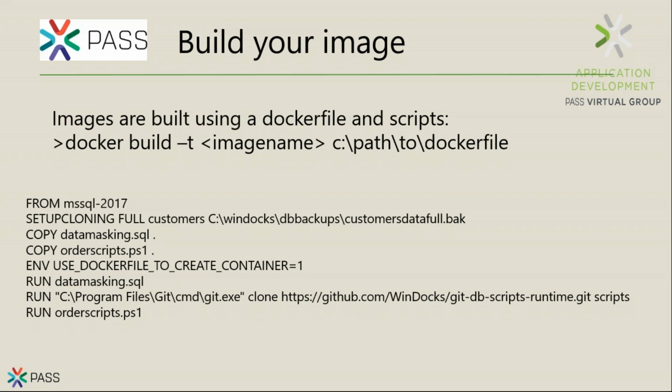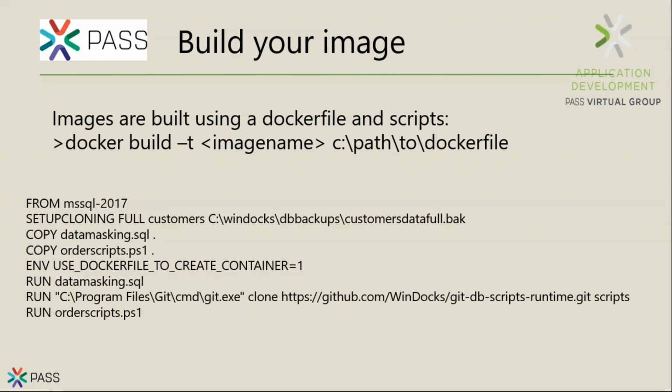We're building a full backup-based database clone of the customer's database. The setup cloning full is the command to work with a full backup. And then you can see that we're working with a couple of scripts here. One is a data masking script. Another is that order scripts PowerShell script. And those are being copied into the Docker engine.